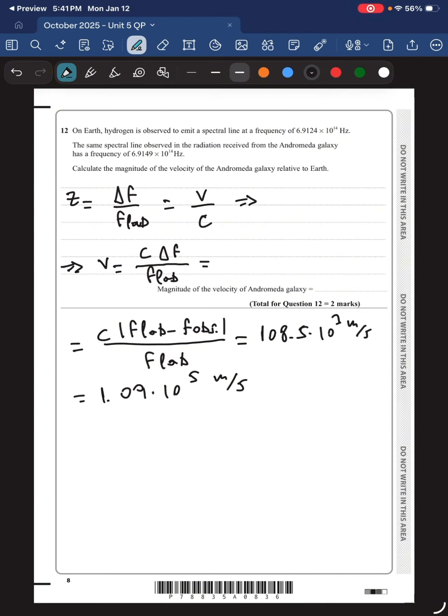Is this blue shift or red shift? The frequency observed is larger than the frequency in the lab, because this is the frequency in the lab and this is the frequency observed. So the observed frequency is larger, which means that the observed wavelength is smaller. Smaller means blue shift.